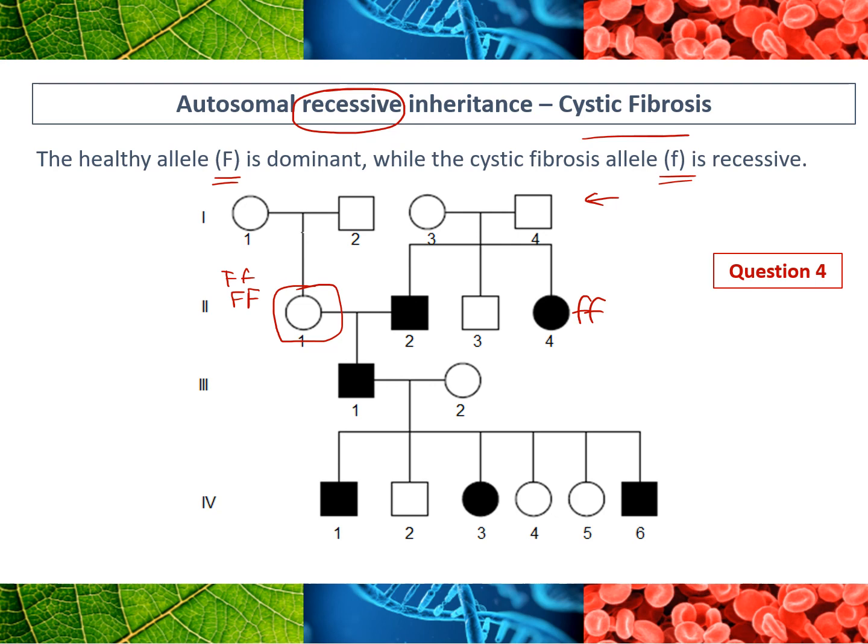But if we look at their offspring, that tells us a little bit more about the story. From that offspring, we can actually figure out what that person's genotype is, and then also the genotype of both of their parents. Okay, so just go in and answer question 4.